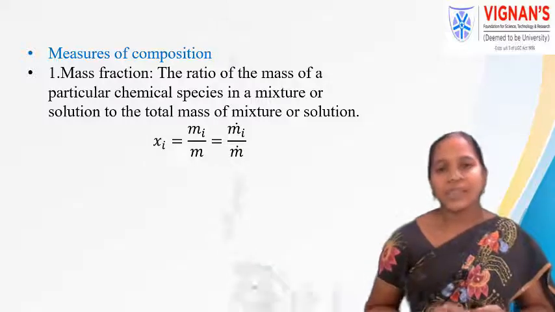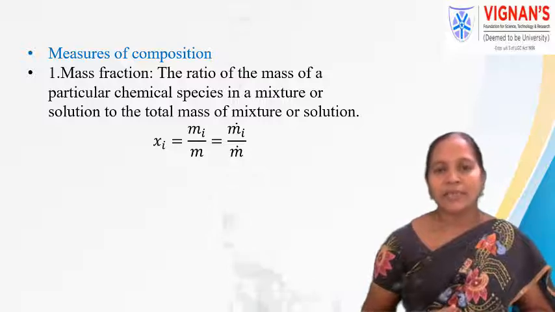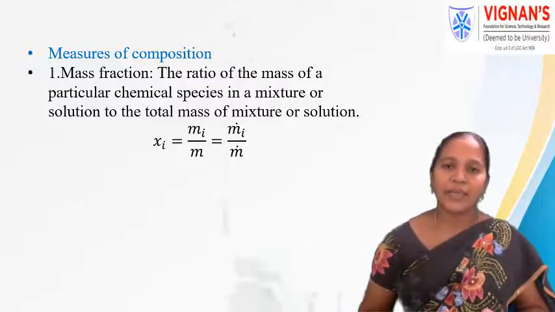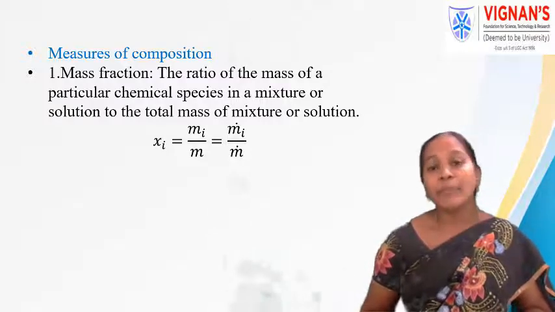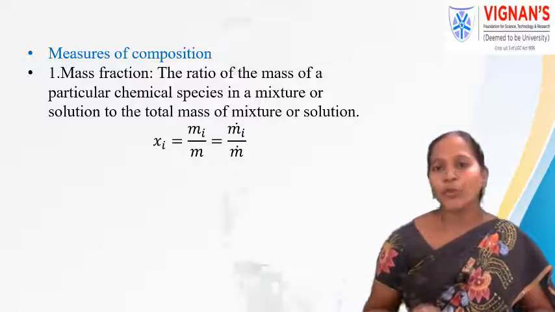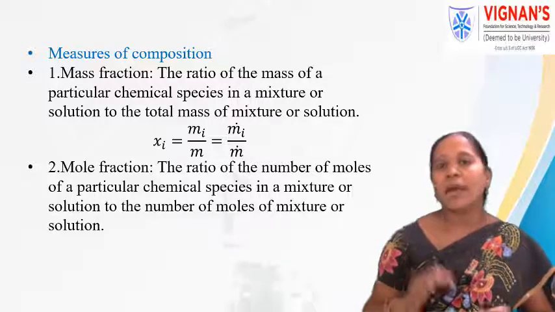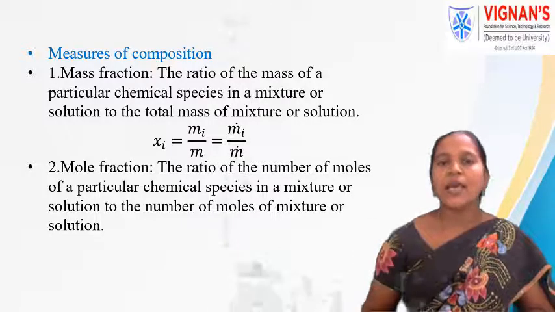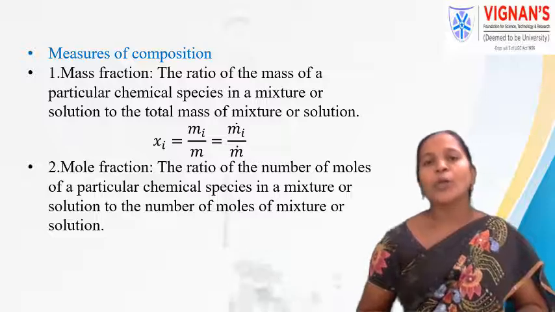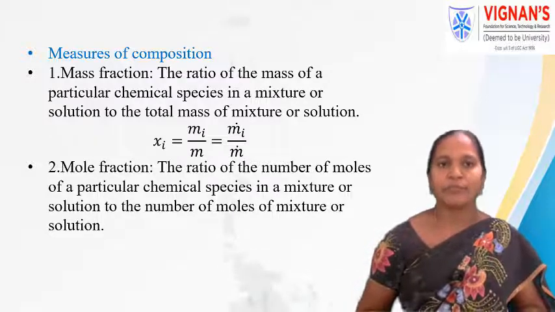Mathematically, mass fraction is indicated with x_i, which equals m_i by m or m_i dot by m dot. Here i means individual species, m_i is the mass of the ith species and m is the total mass of the mixture or solution.